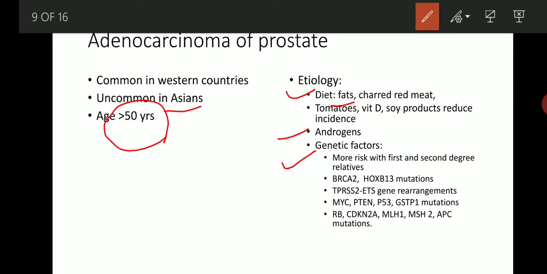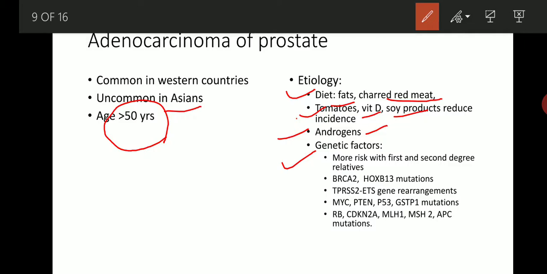Increased intake of fats and red meat, charred red meat, is thought to increase the chances of getting a prostate cancer, whereas taking tomato, vitamin D and soy products may actually reduce the incidence. Increased androgens are implicated in the development of the prostate cancer.